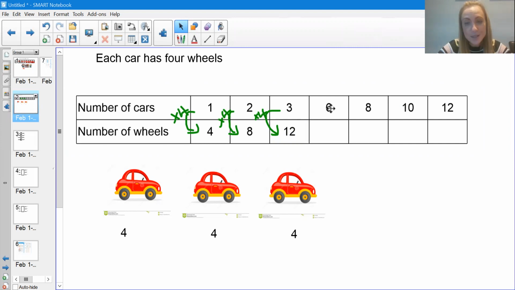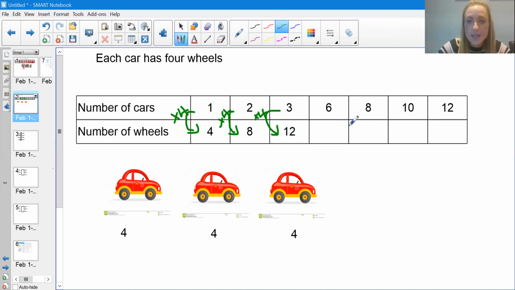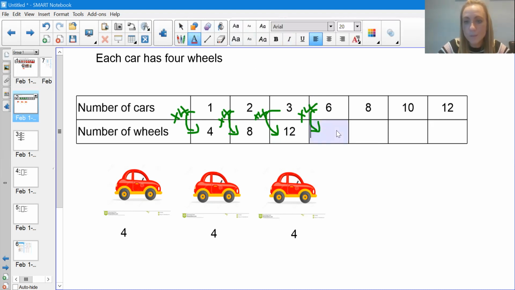I'd like you to pause the video and have a little go at finishing this chart. Okay, so each time you are multiplying by 4. So 6 times 4. Six times 4 is 24.